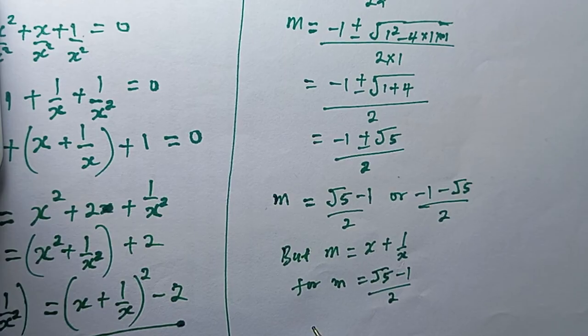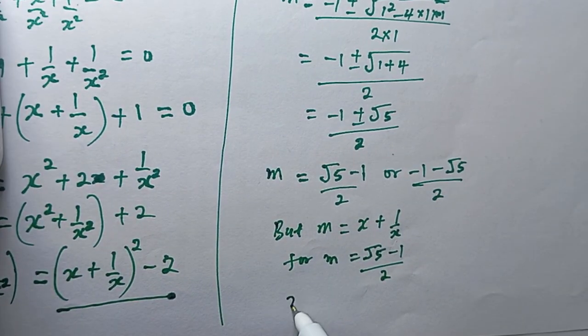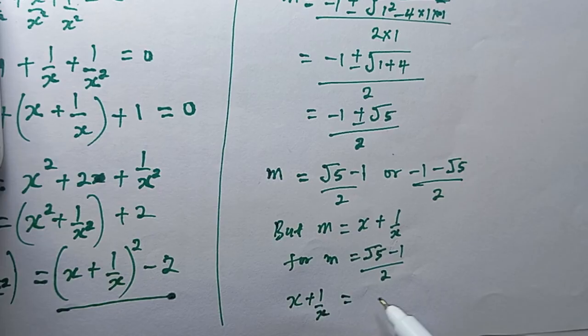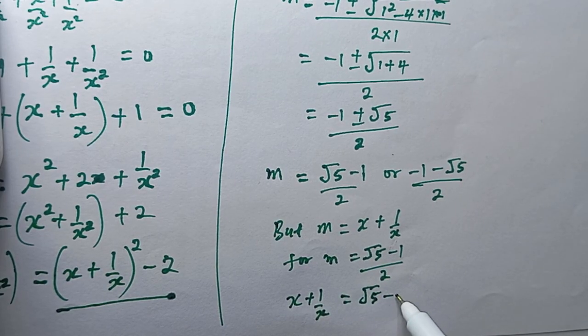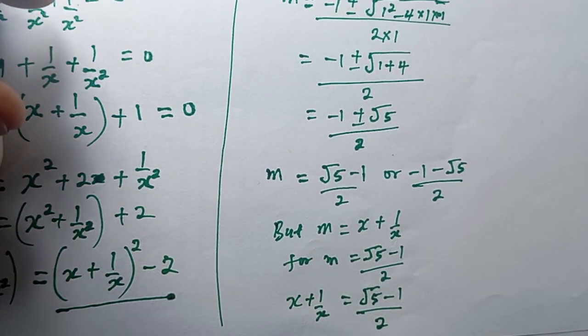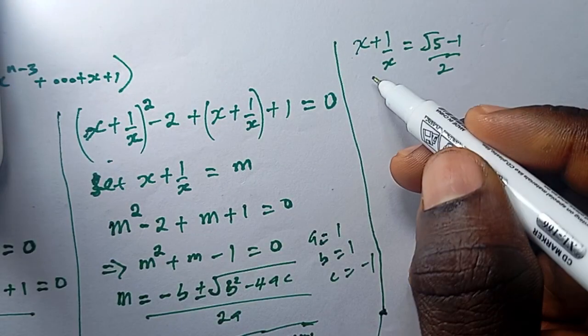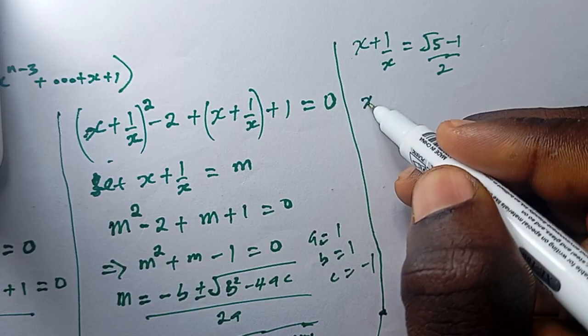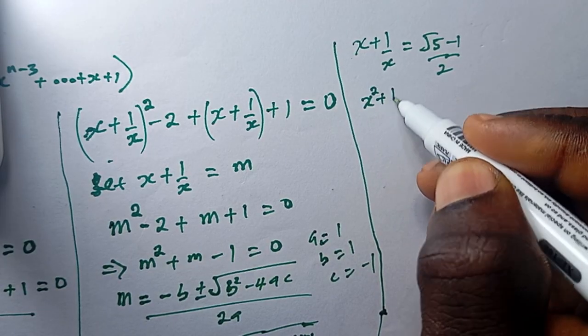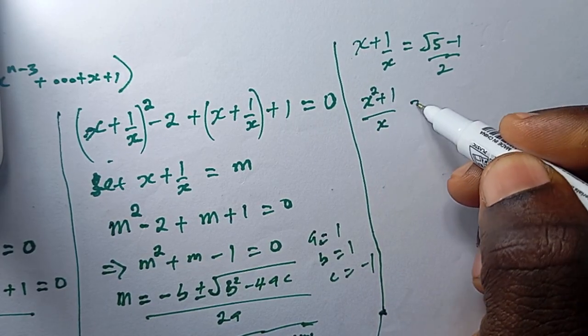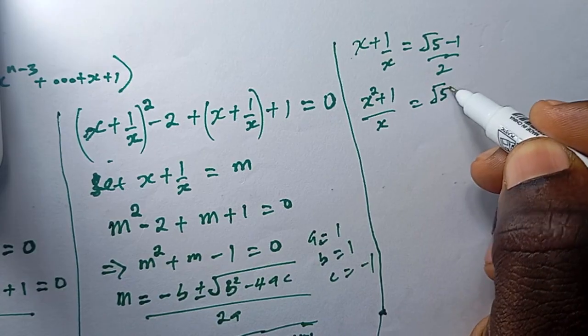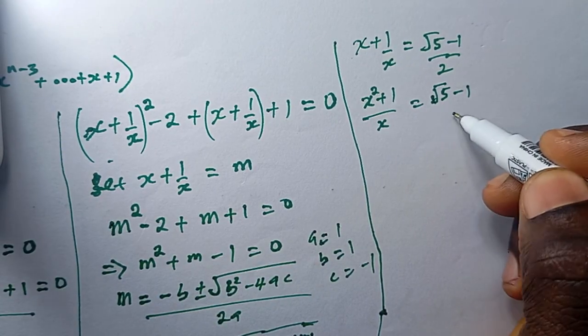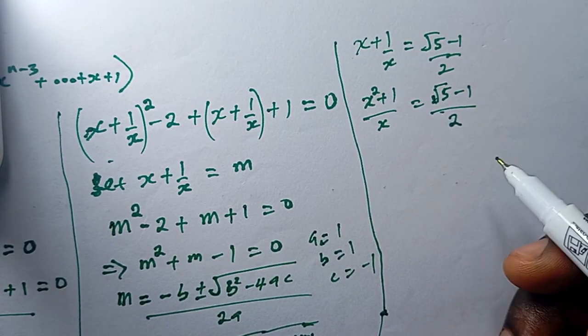What we're now going to be having is x plus 1 over x is equal to root 5 minus 1 divided by 2. So what I'm going to be having here is x squared plus 1 divided by x is equal to root 5 minus 1 divided by 2.